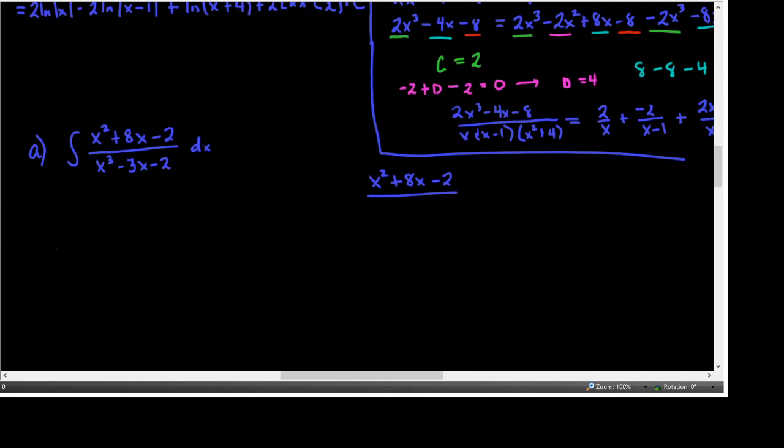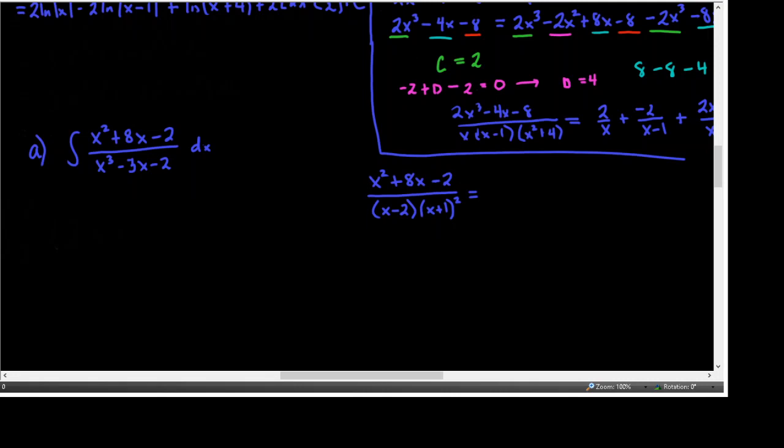And then factoring that cubic polynomial, I get x minus 2 times x plus 1 quantity squared. And if you do not know how to factor that yourself, that'd be a great question to ask in class. Be happy to answer it.